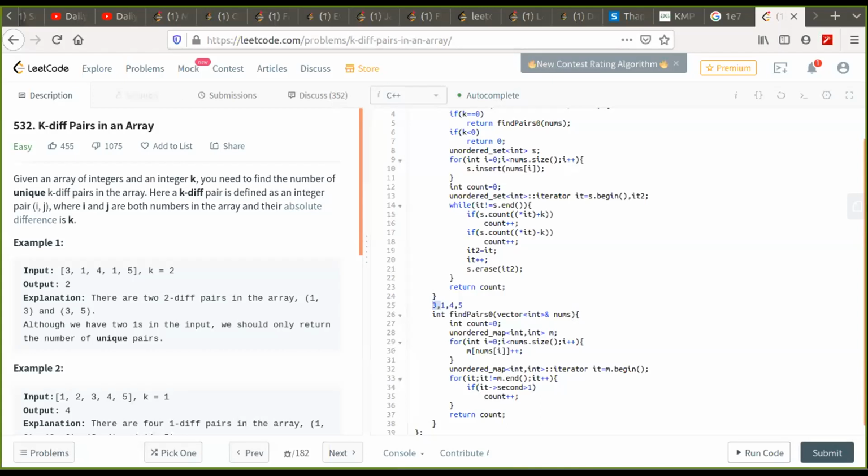And then 4, it doesn't see 6, so no pair. And again we have 1. So 1 and 3 is there again, but you have already added it to your set somewhere, I believe. It depends on implementation. I'm not thinking about implementation. And 5 is looking for 7, and there is nothing like that. So you could figure out that there are two such pairs which solve this problem, I guess.